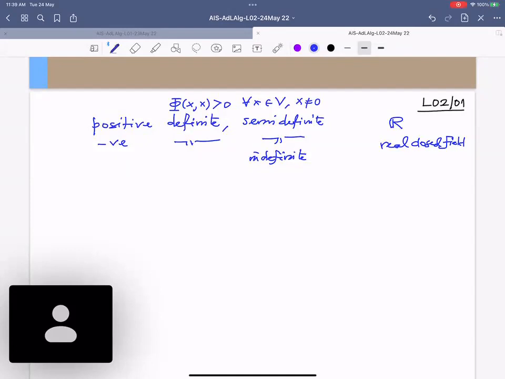And similarly, indefinite means you can have one x for which phi of x,x is positive and another y so that phi of y,y is negative. So these are the standard terms. And I've seen some of your exercises in the other lectures, so you are well acquainted. So I am not going to spend time on this.